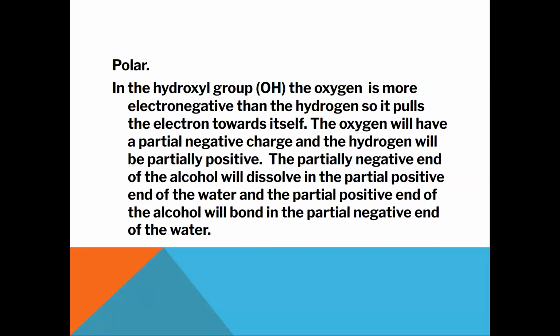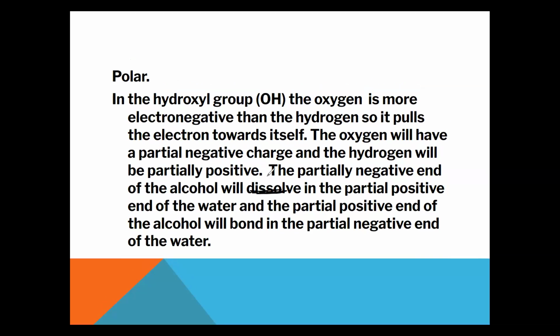So where I wrote dissolve, I'm going to change dissolve here to bond. So the slightly negative end of the alcohol will bond with the slightly positive end of the water, and the slightly positive end of the alcohol will bond with the partial negative end of the water.